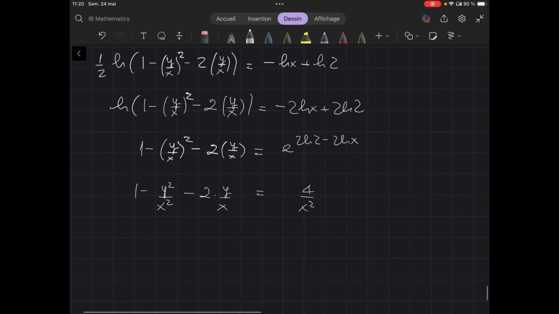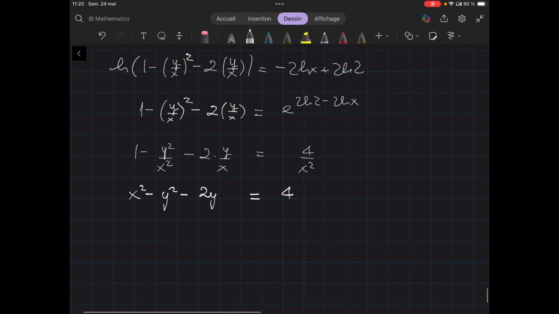And we can see the answer appearing in front of us. Multiplying both sides of the equation by x squared. And there lies your final answer, as requested.